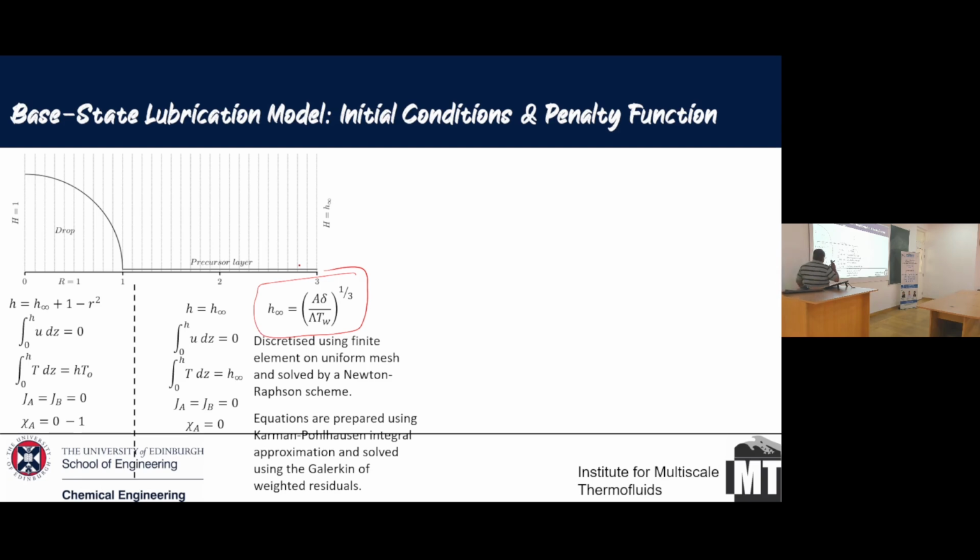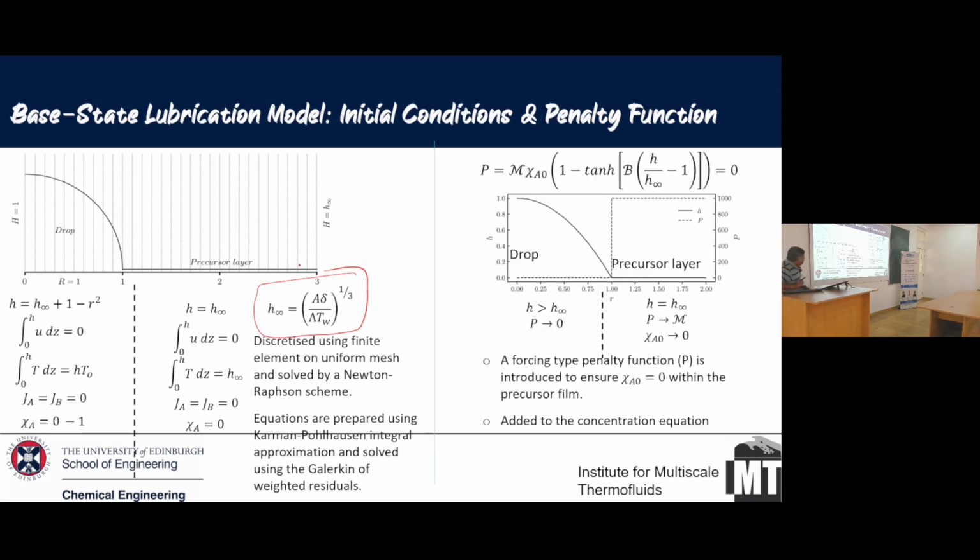Most important thing you would check is that within the precursor layer, your JA and JB are 0. So basically, you don't have any evaporation in the precursor layer. And the penalty function is put in this way. So in the penalty function, you're restricted. Your height is always fixed at this point. You have no evaporation, so the height will not increase or decrease.